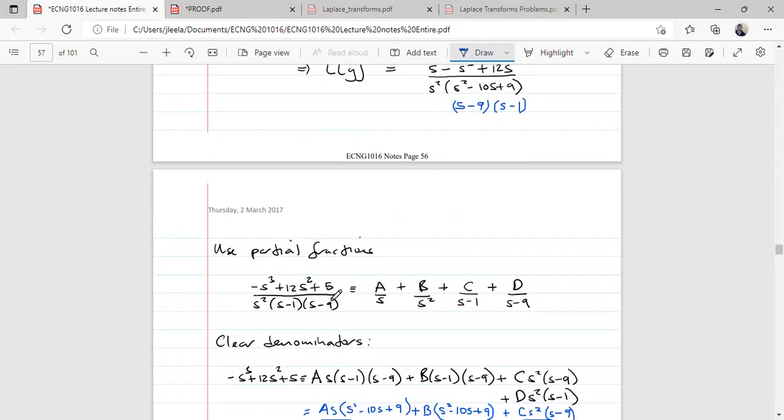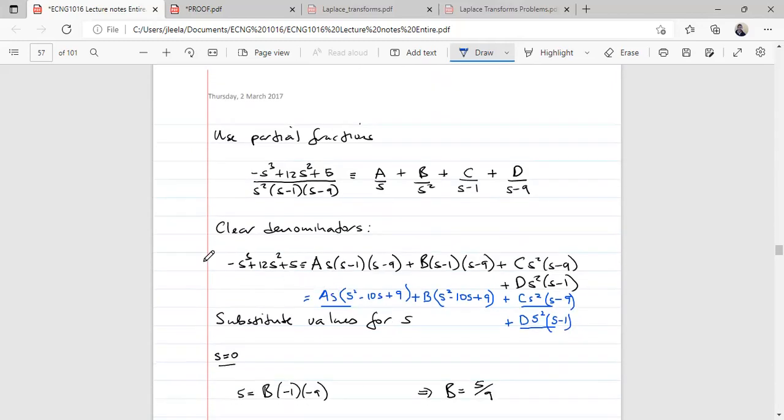So that would be the breakdown for the entire rational expression. Right? So look now, we multiply throughout the entire equation by s squared, s minus 1, s minus 9. So everything on the left hand side will cancel with the denominators here, and you'll just get minus s to the power 3 plus 12s squared plus 5. And here now, one of your s will cancel with this s, so you'll get A s times s minus 1, s minus 9. The s squared will cancel, you'll get b times s minus 1, s minus 9.